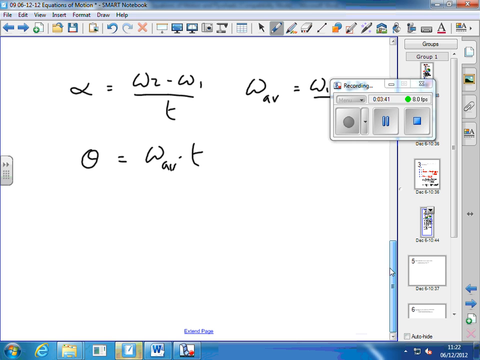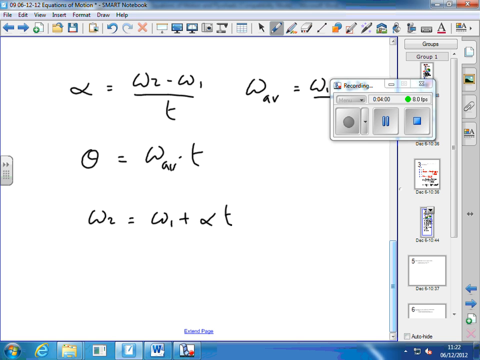And we can now write down the equations of motion in terms of angular motion. So we've got, again, omega 2 equals omega 1 plus alpha t.